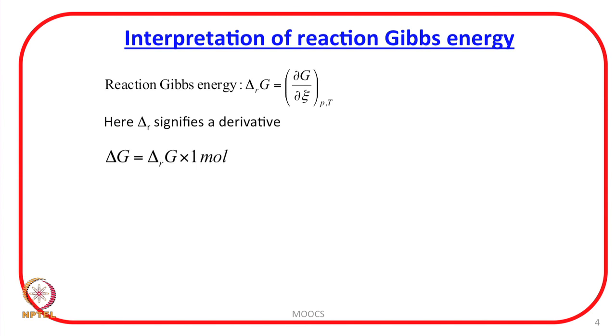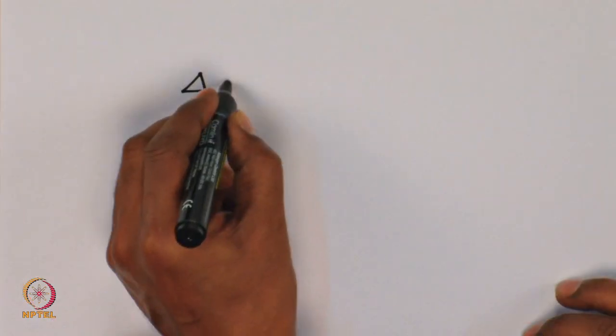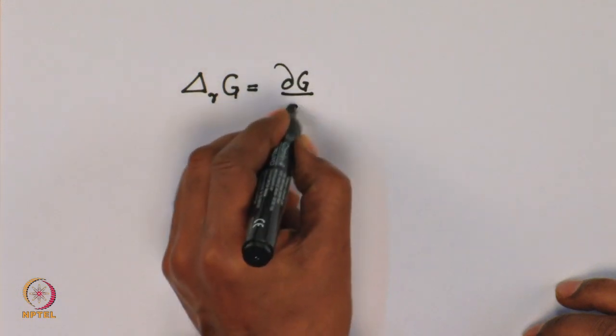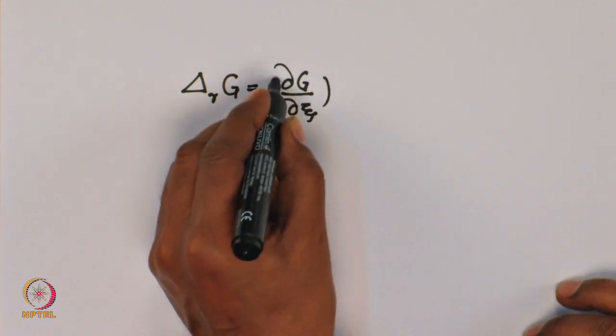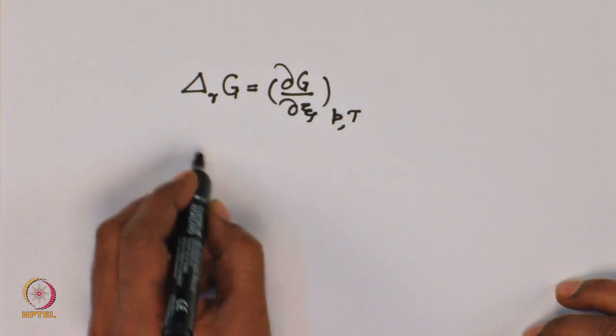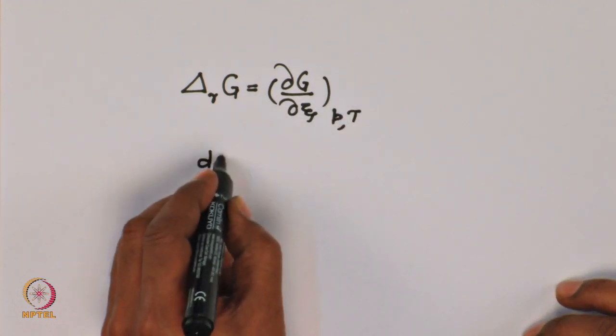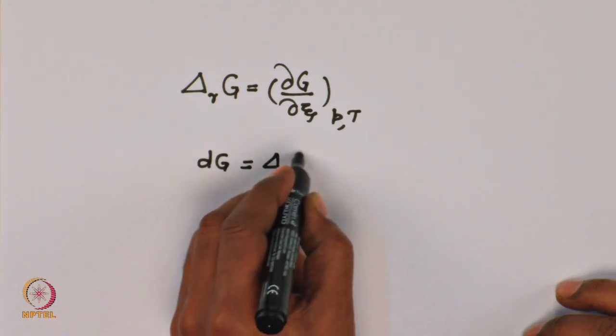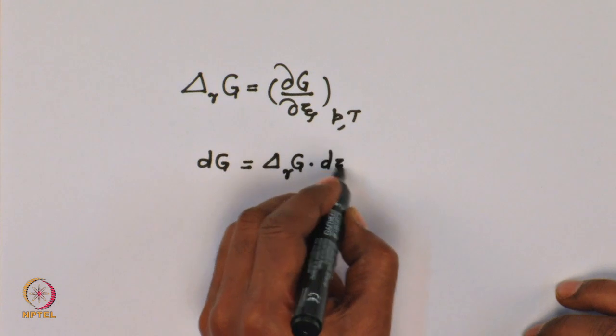If we want to calculate delta G from delta R G, we write delta R G is equal to dou G by dou xi at constant pressure and temperature. Therefore, I can write dG is equal to delta R G into d xi.